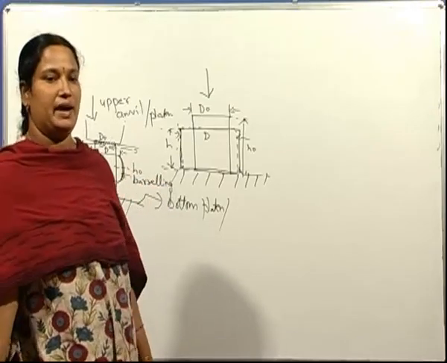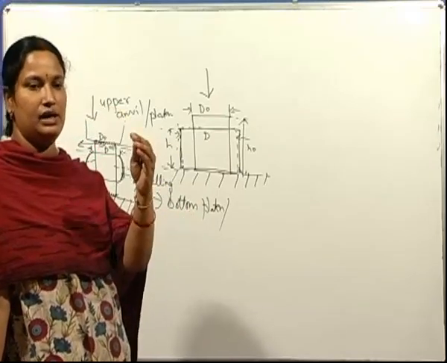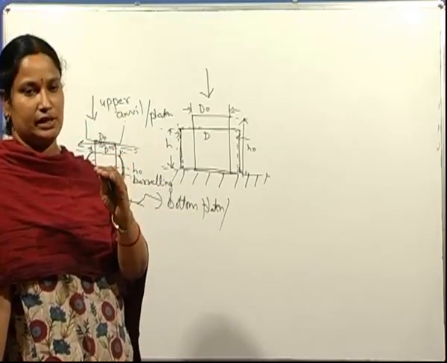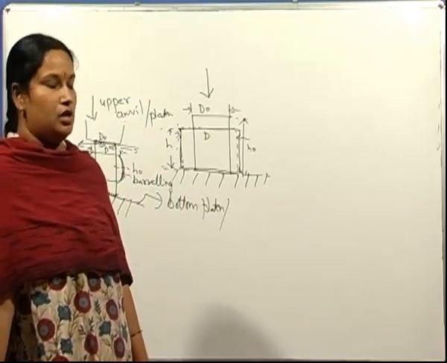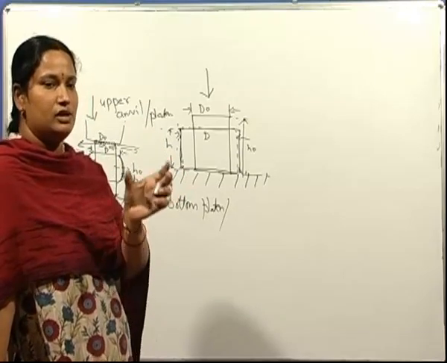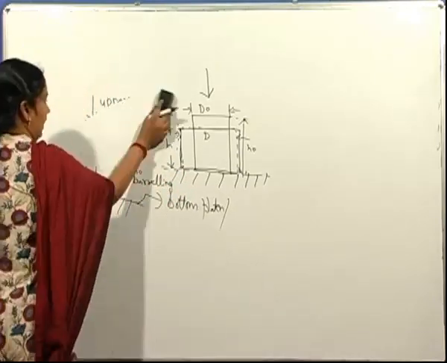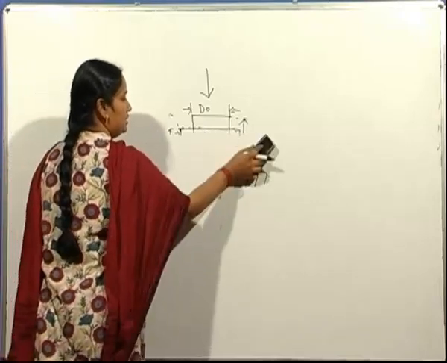The main reason for barreling is the friction at the interface between the anvil and the surface of the cylindrical specimen. So consider two specimens having the same diameter but different heights.